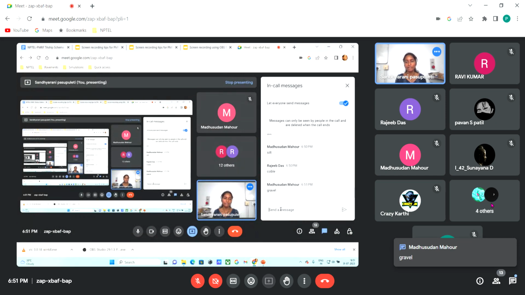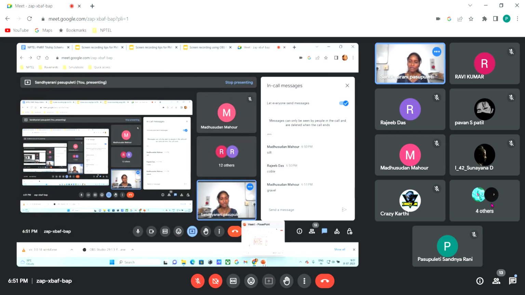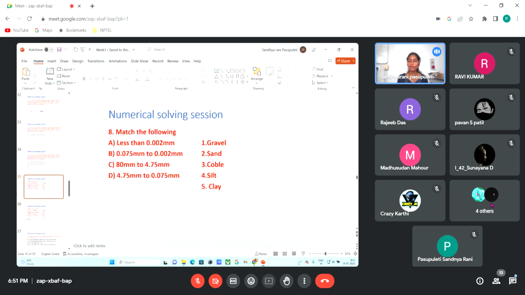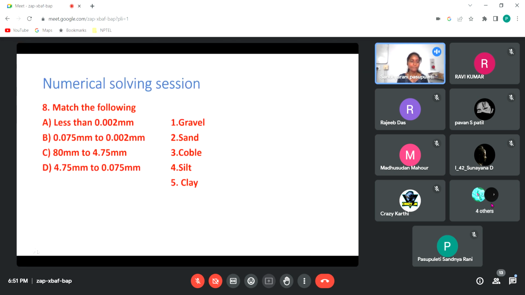Gravel, yes. So cobble is when the size is more than 80 mm. When the material is retained on 4.75, we call it gravel. And anything that is retained on 0.075, we call it sand. So the answer will be 5412.